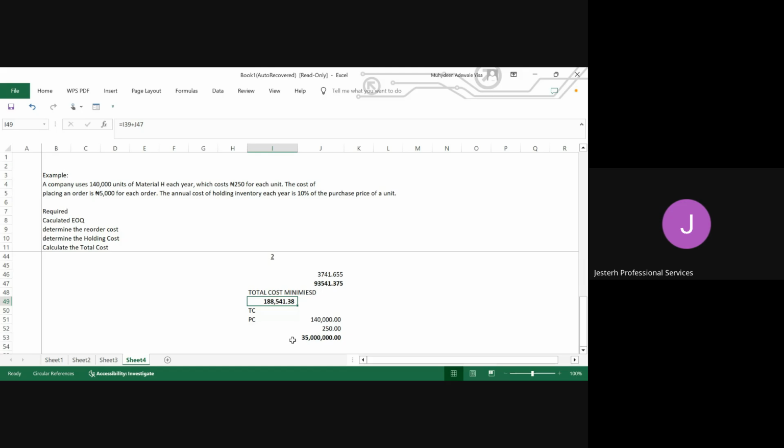Now this is our total cost minimized. Our total cost for the period is going to be the purchase costs plus the costs minimized.